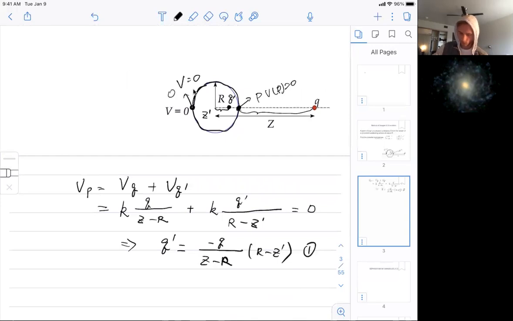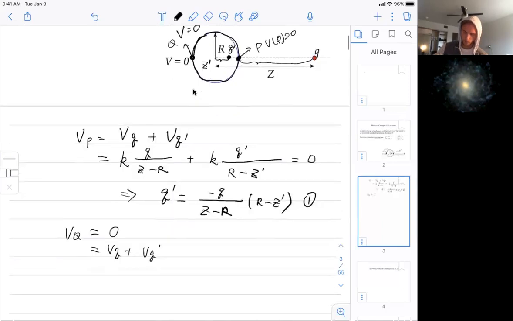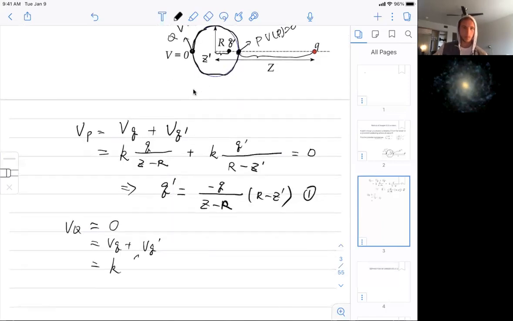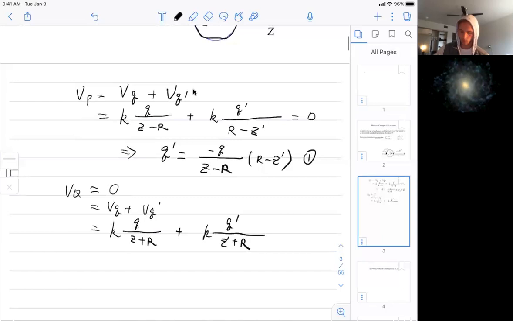But that's okay, I've got another point. I'm going to call this point Q. The potential at point Q has to be 0 as well, and that is also the superposition of these two charges at point Q. So kQ over the distance from point Q to little q, which is 2R, or 1R plus the total distance z, so it's z plus R, plus kQ prime over the distance from point Q to my Q prime, which is big R plus z prime, so z prime plus R. Now that has to be 0 as well.